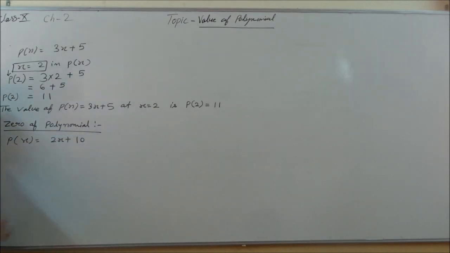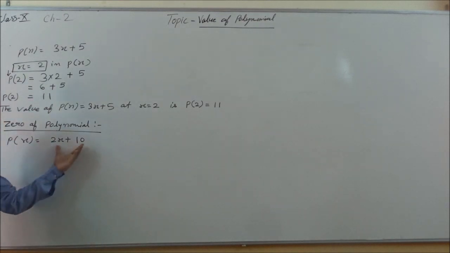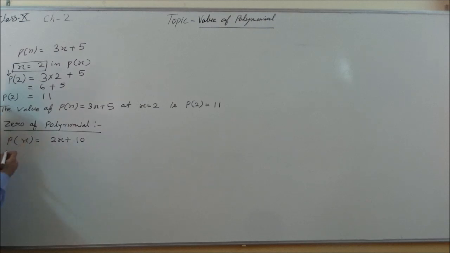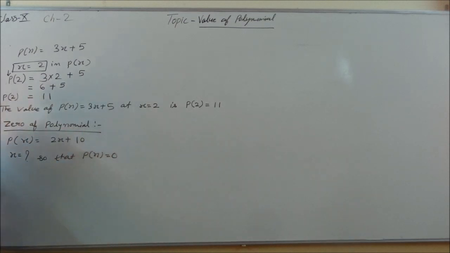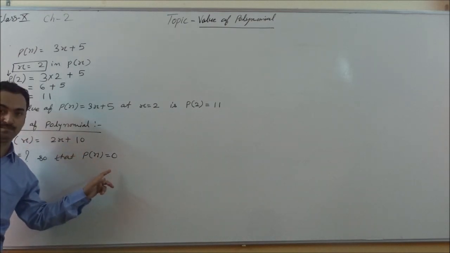Can you guess what the value of the variable x will be so that P(x) becomes 0? As you find the value of a polynomial, you have to think about the value of x which makes this given polynomial equal to 0.